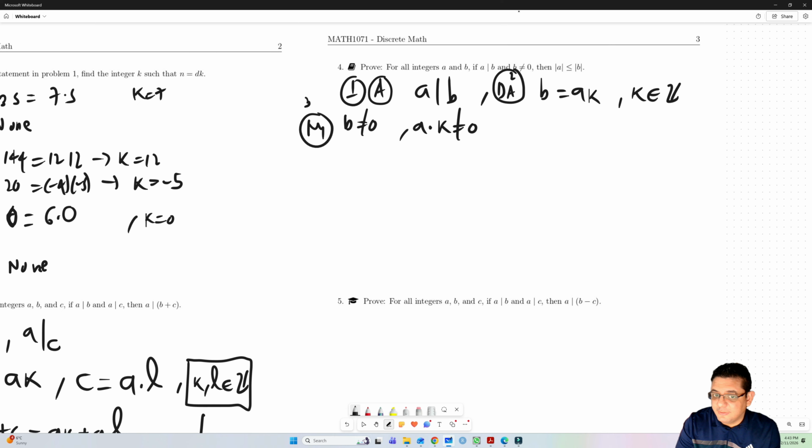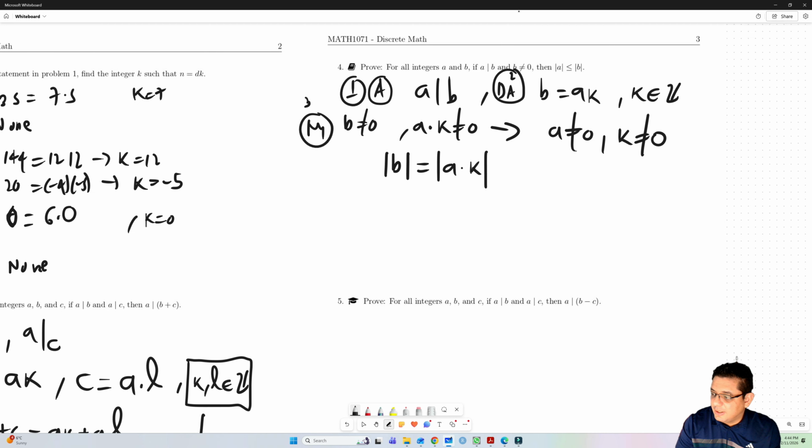Since the product is different from 0, by the zero product property, I'm going to have A different from 0 and K different from 0. The product of two things is different from 0, so that means the individual parts are different from 0.